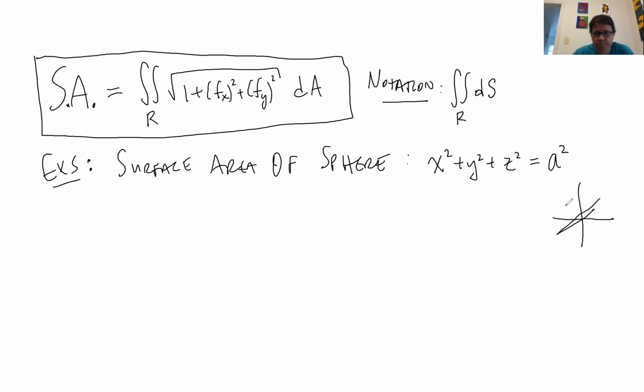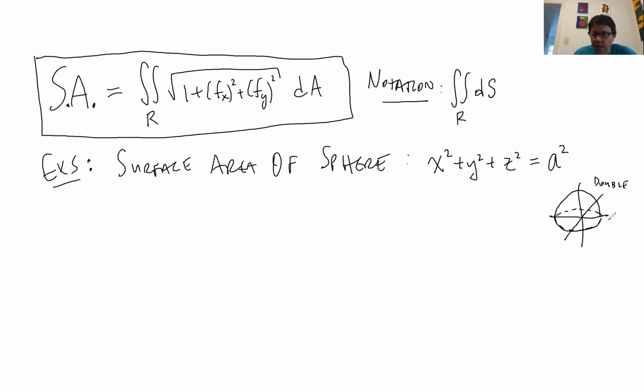What we're going to end up doing is we're going to just do the top half, and then we'll just double that answer. So we'll take our sphere, oops, or hemisphere here. And so we're just going to double this one, double this answer.